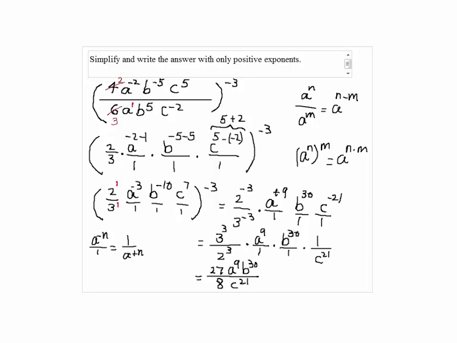You notice that I didn't have to worry about negative exponents at the beginning or middle of the problem. I took care of that at the end. So at the end, if you have any negative exponents, you make sure to use this property to make them positive.